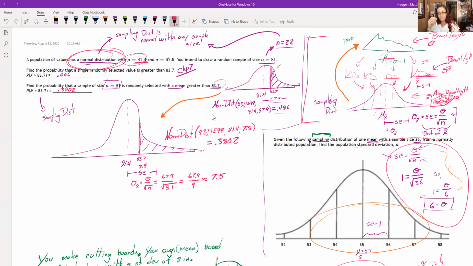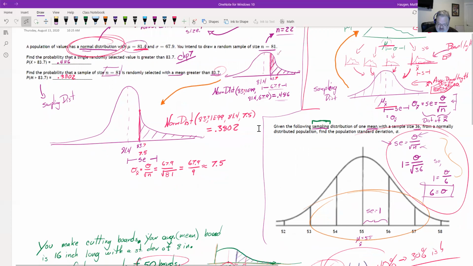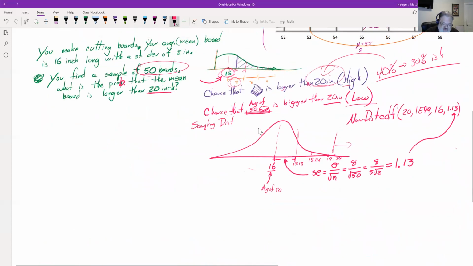Even though this value is the same as this value, even though the board length of 16 is the same as this 16, this is a length. This is an average of 50 board lengths. Which I get is weird, which is why we're spending so much time calculating. Does that help though? Give it time. That's fair.